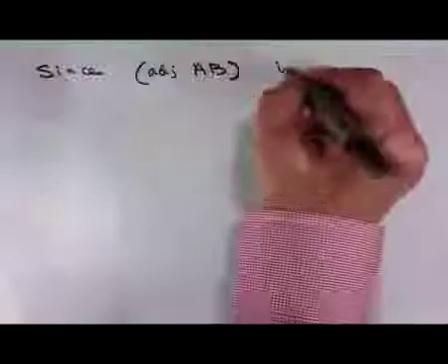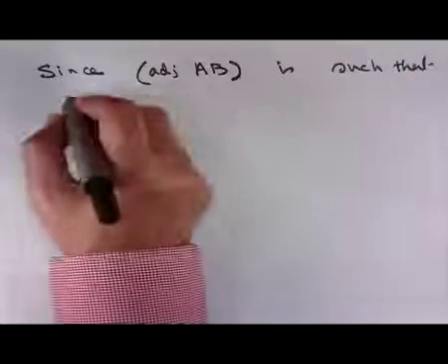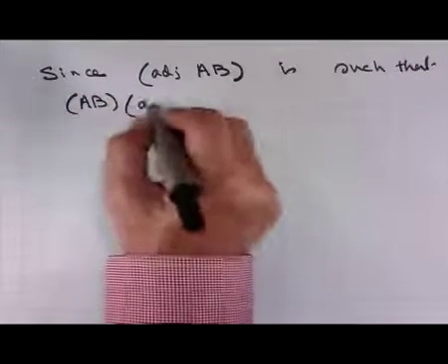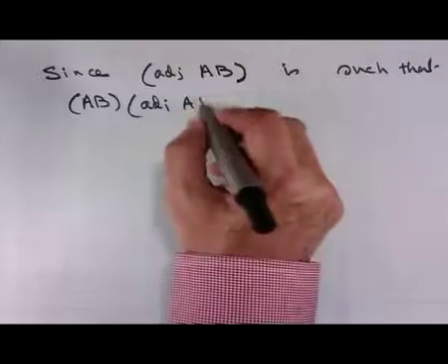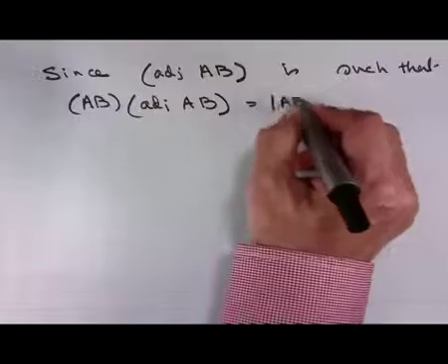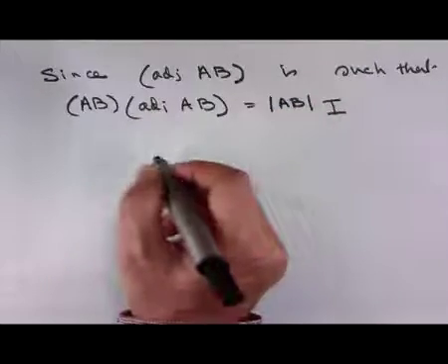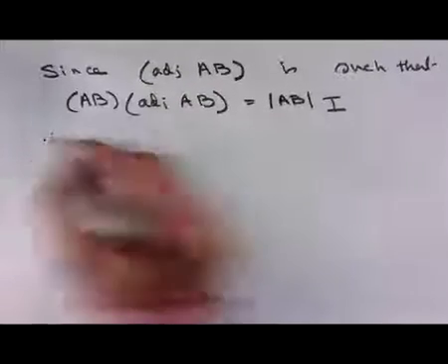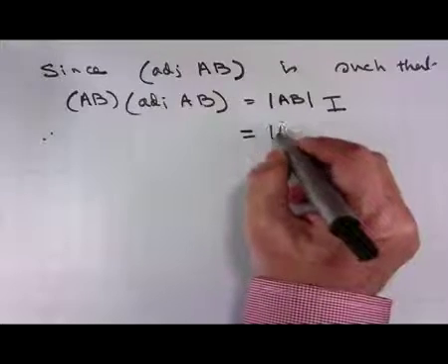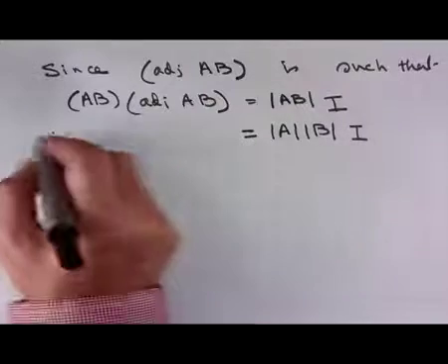Since adjoint of AB is such that AB multiplied by adjoint of AB is equal to determinant of AB into identity, this is equal to determinant of A into determinant of B into identity.